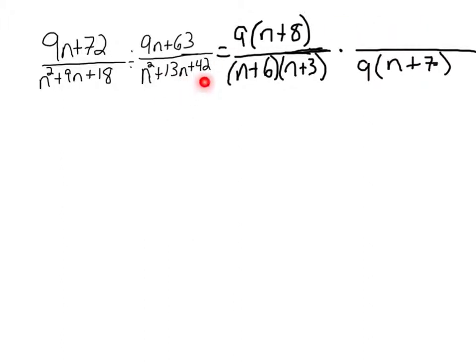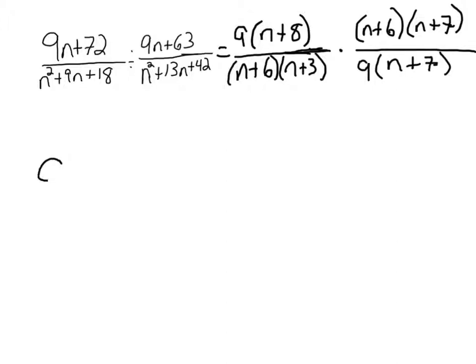I've got to factor this one. Two numbers that multiply together to give me 42, but when you add them give me 13, would be 6 and 7. So that would be n plus 6 times n plus 7. Okay, now this is all multiplication, so I'm going to rewrite all of this. And let's see if I can write it just a little bit bigger, make it a little bit clearer.